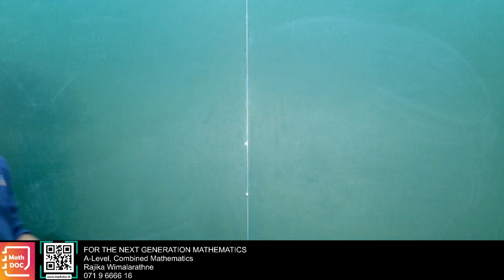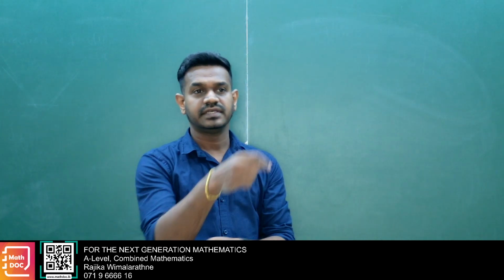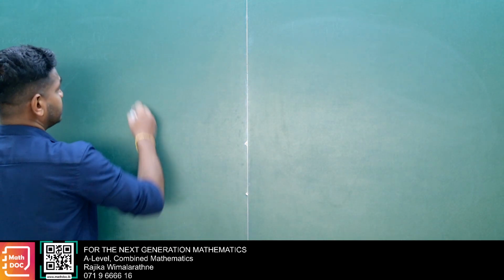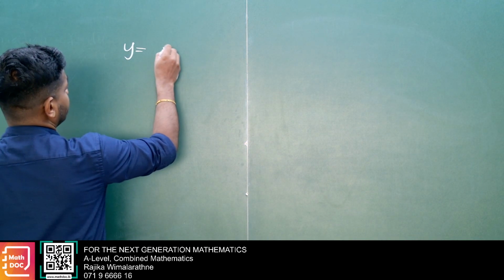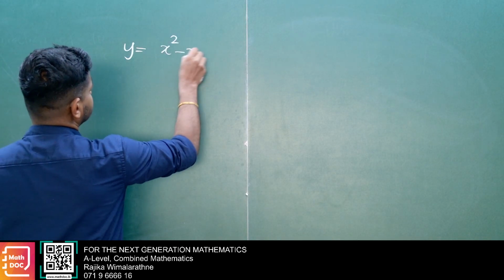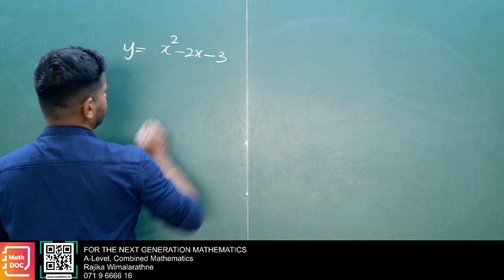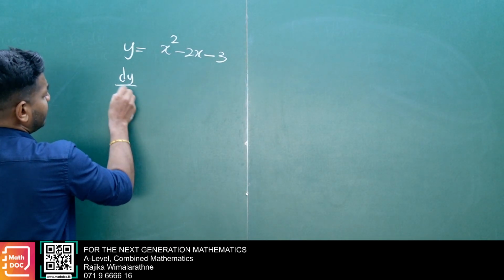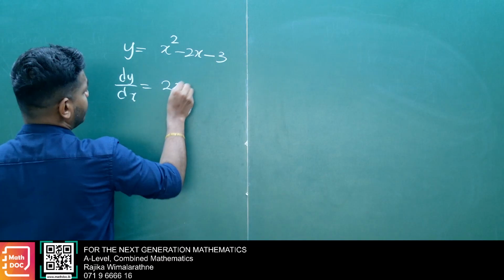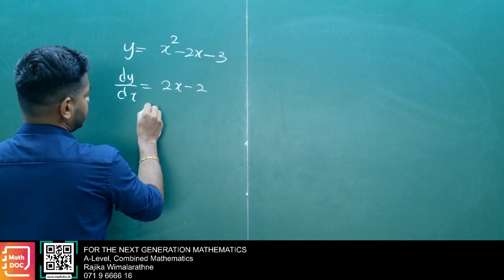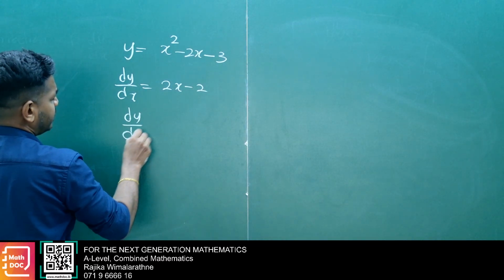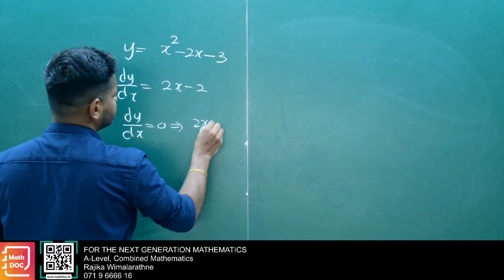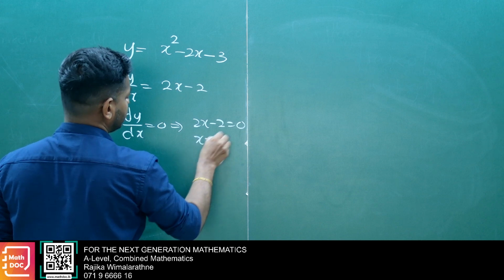Okay. Now I'll do this for a simple function. Consider y equal x squared minus 2x minus 3. So differentiate this: dy by dx is 2x minus 2. Then check the dy by dx 0 point. Then 2x minus 2 equals 0, x equal 1.